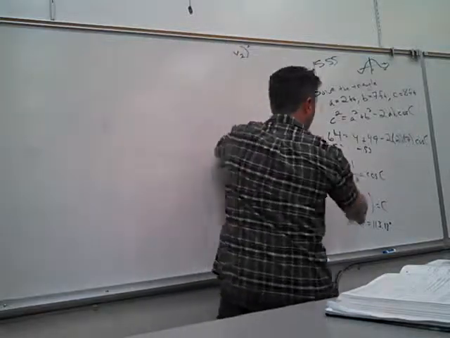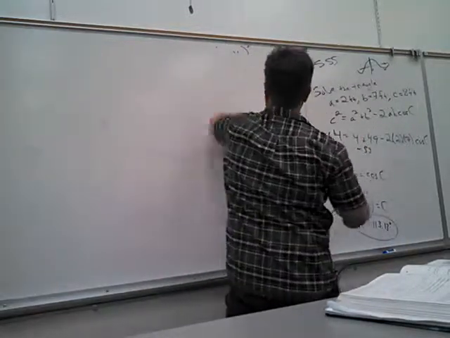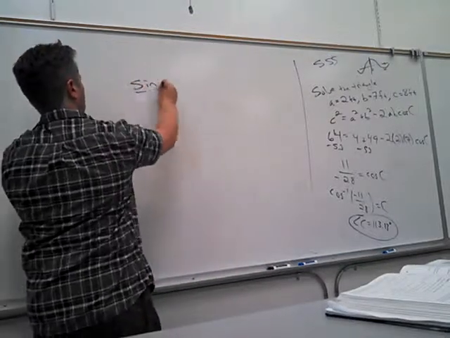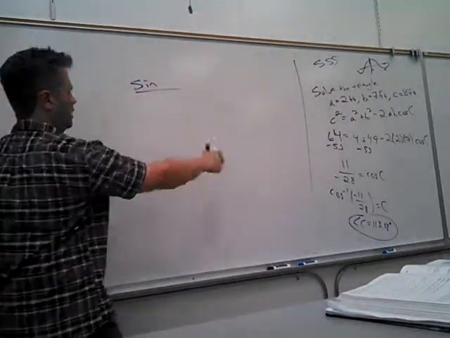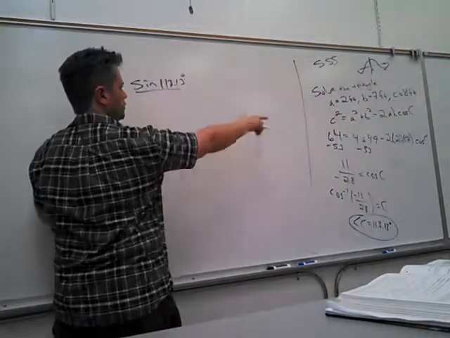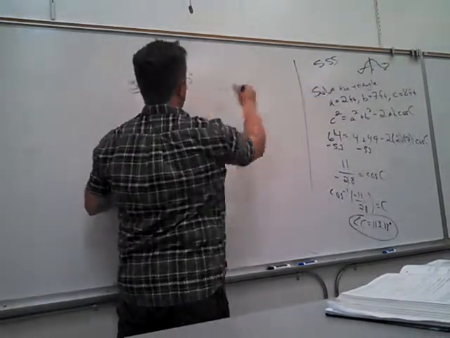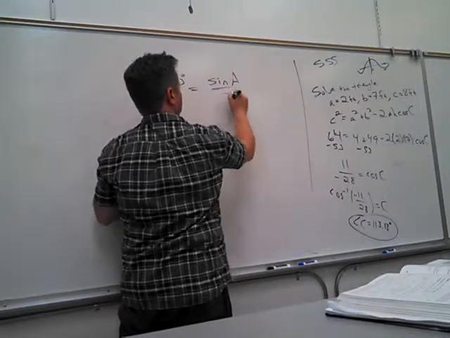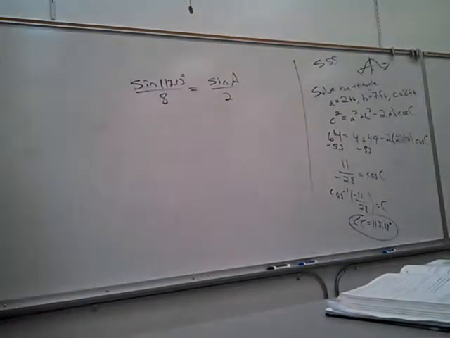So what do I have so far? Now I know angle C. So now what ratio can I make for sines? Sine of 113.13 over 8 equals sine of A over 2, for example. Because I don't know A or B, it doesn't matter which one I pick.